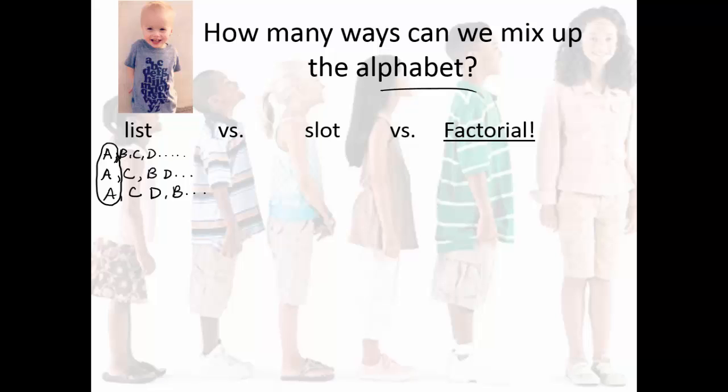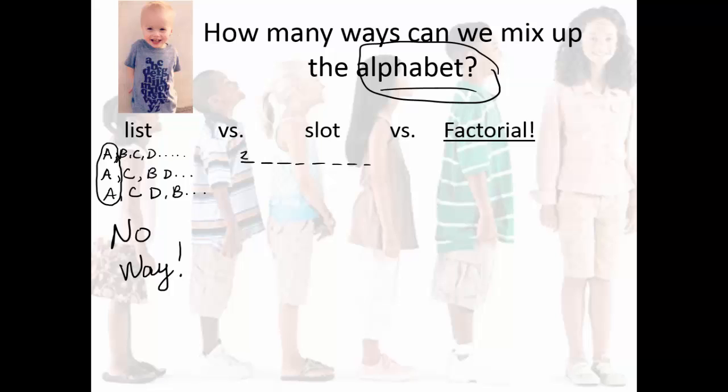So I don't want to write a list for this problem. How about slot method? It's more efficient than list method for sure. But in this case, you would have to write 26 slots, and that's just time consuming. I have 26 letters to choose from. I have 25 letters to choose from. I have 24, and I would multiply. You can see that maybe you don't have to write it all down.